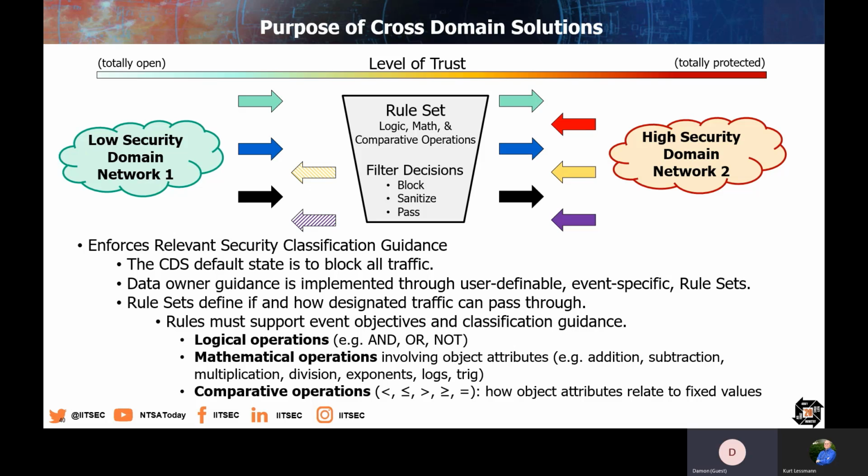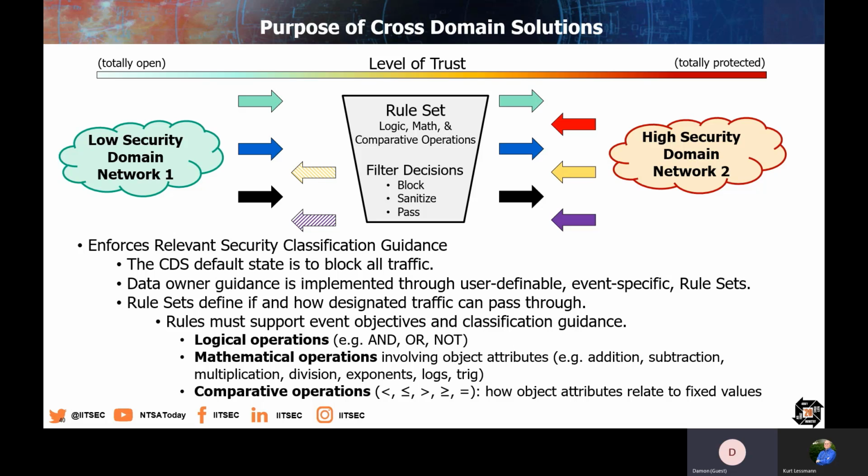So the purpose of a cross-domain solution: on the left, highlighted in green, is a low security domain network. On the right, we have a high security domain network. A better way of doing this is to apply some sort of rules and filter decisions so we can block the data, or we can sanitize the data, or we can decide what data to pass back and forth in either direction. We can also apply logic and math and comparative operations to figure out what to do to meet the security requirements.